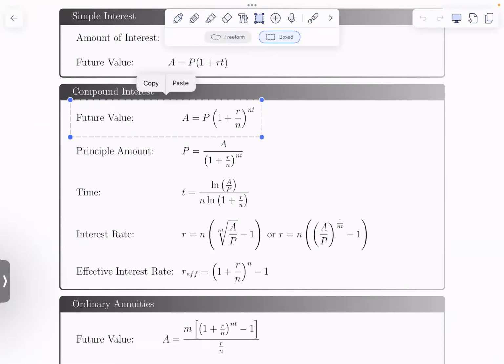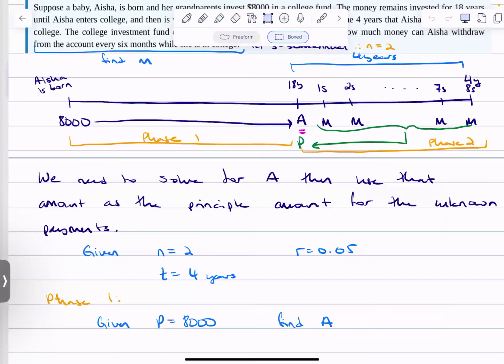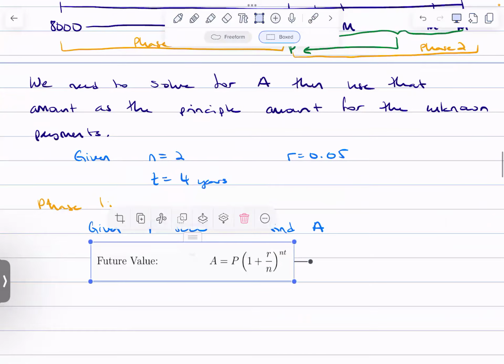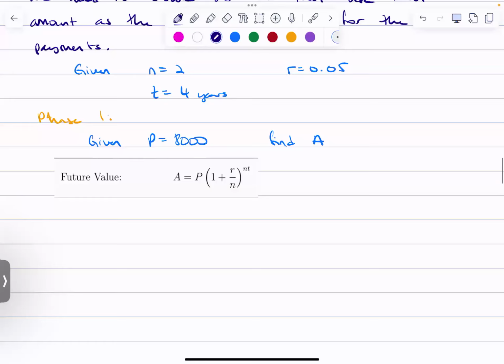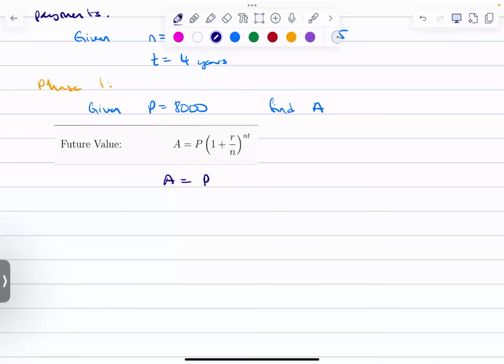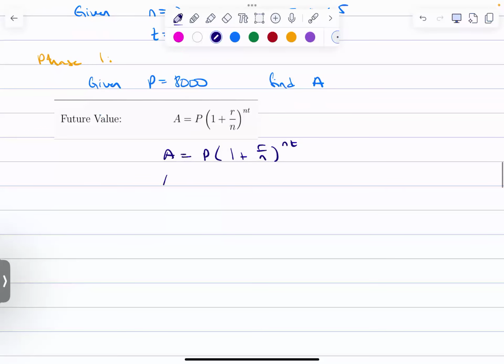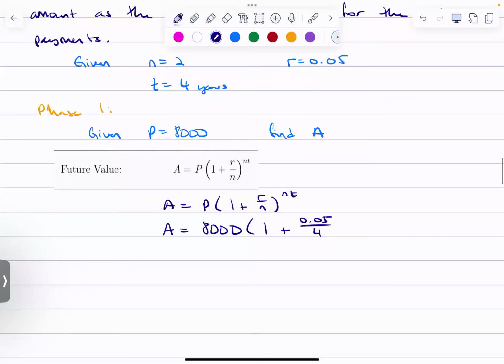So I'm going to copy this and bring it in so that I have it. A is P times 1 plus R over N to the N times T. A is going to be 8,000 times 1 plus 0.05 divided by 2, to the power of 2 times 4.